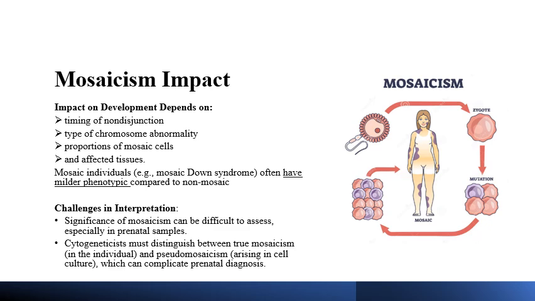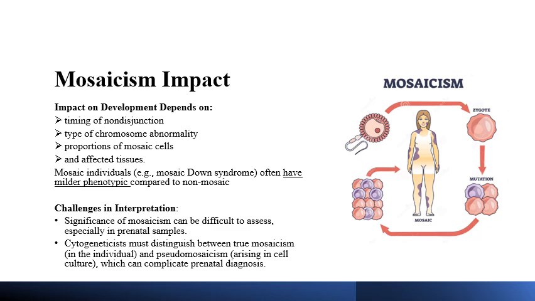If that's the case, then it would have a higher impact. And the affected tissues, so is it just in the brain or is it just in the skin cells? Of course, if your high number of mutation cells are in your brain, it would have a higher impact than it is if it was in your skin cells.